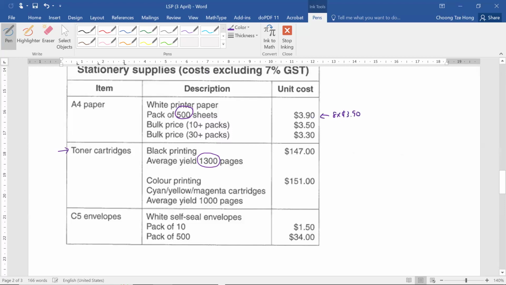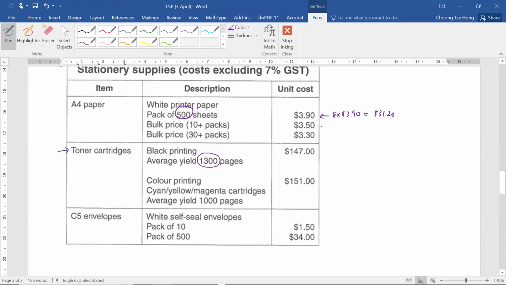Let's calculate whether it is better to buy 8 packs at 390 each, or go for 10-plus packs, which is maybe 11 packs at 350 each. 8 times 390 will be 3120.